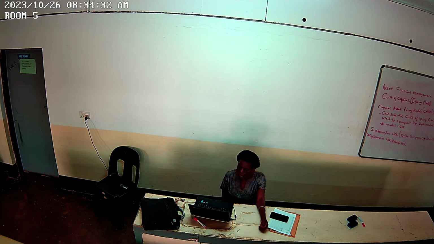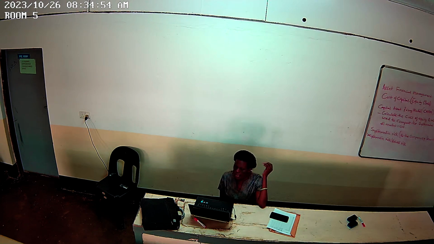That's the first one. The second one is if an investor holds shares in just a few companies, there will be some unsystematic risk as well as systematic risk.